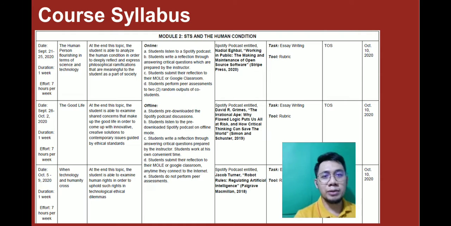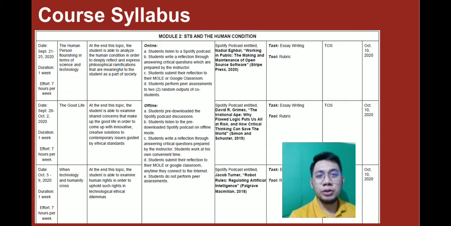Next, you will listen to a podcast entitled The Irrational 8, Why Flawed Logic Puts Us All at Risk and How Critical Thinking Can Save the World. The last podcast for this module is on The Robot Rules, Regulating Artificial Intelligence.